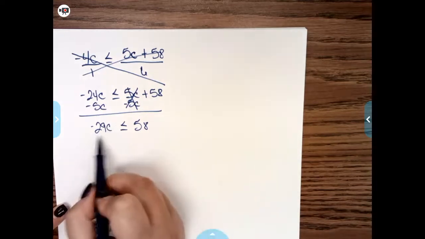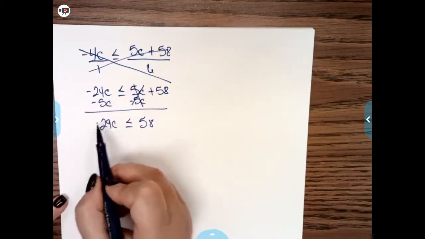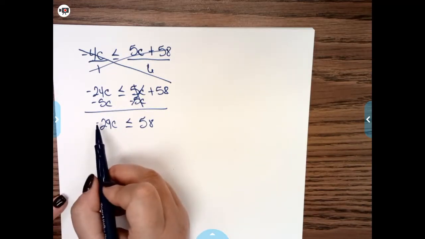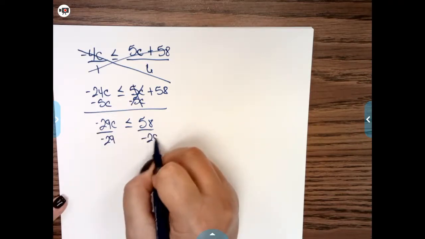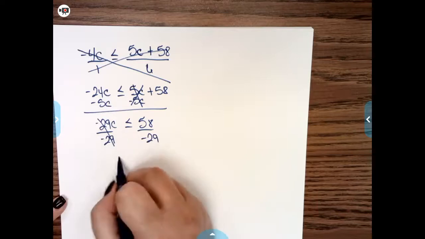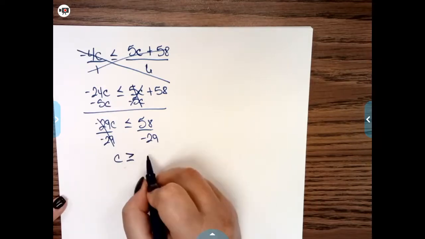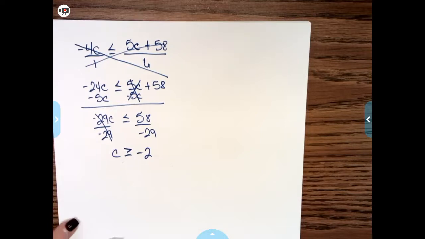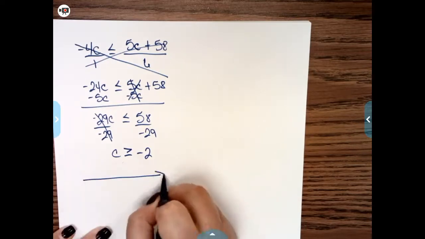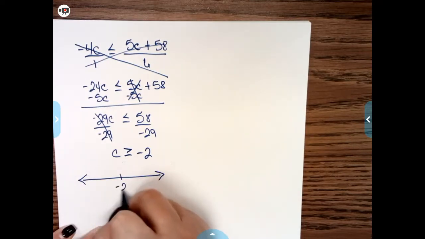And then as you can see, we have a coefficient. And this goes back to that rule where we have a negative coefficient. If we divide by a negative, we have to flip this symbol, to greater than or equal to, and that's going to be negative 2. So then when I go graph that, I show negative 2.